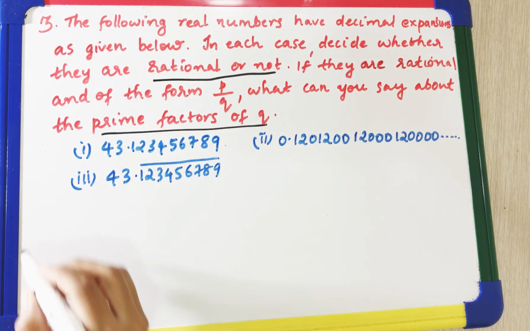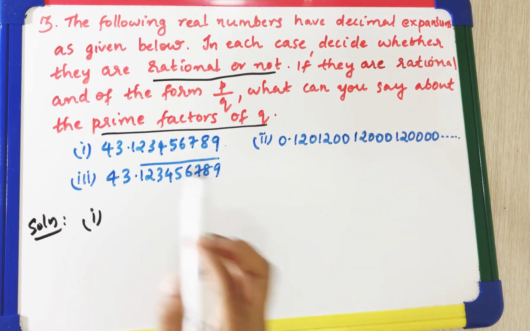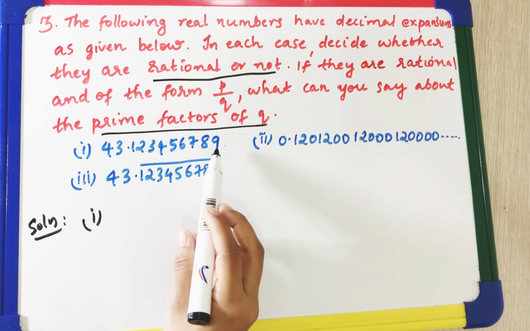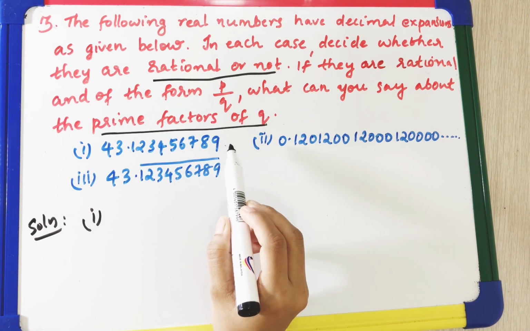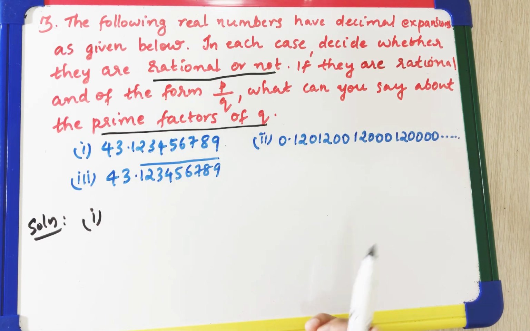See the answer. First one, 43.12345678, which is a terminating decimal expansion. We know that rational numbers are of two types. One is with the terminating decimal expansion and the second one is with non-terminating repeating decimal expansion.